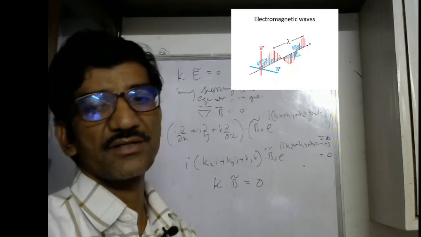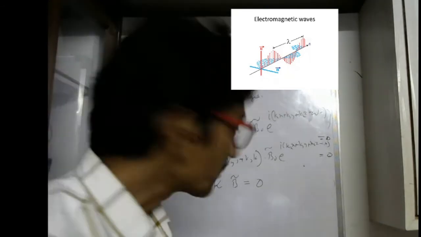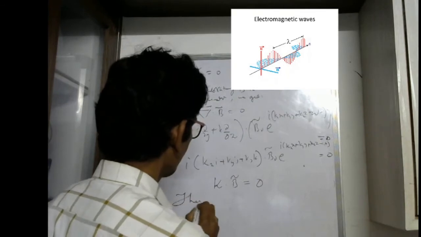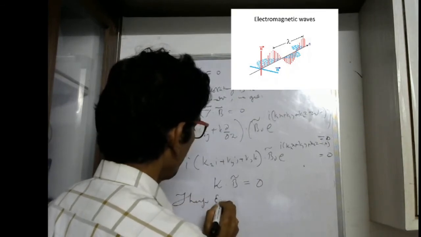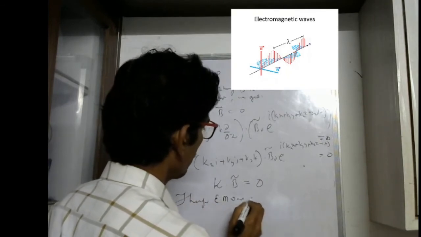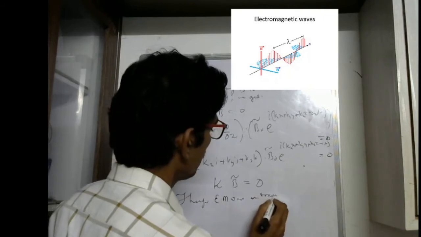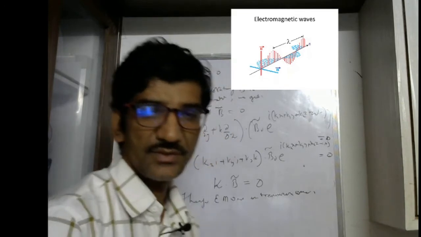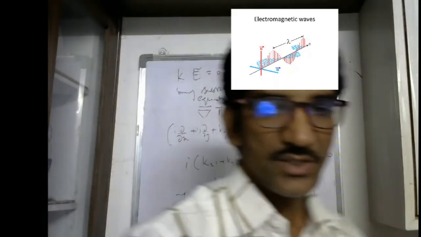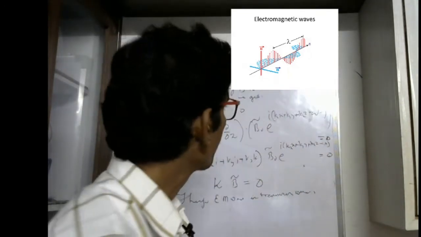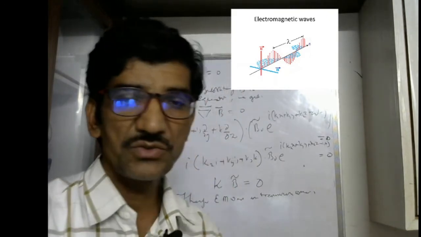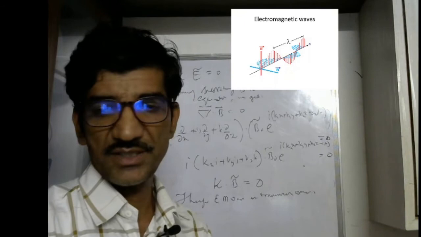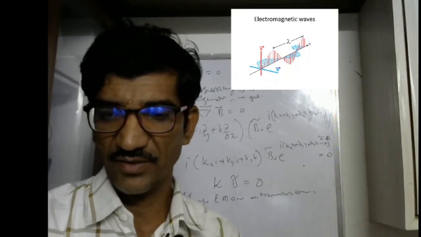So electromagnetic waves are transverse waves. Therefore, EM waves, that means electromagnetic waves, are transverse waves. We can prove this by taking the other two Maxwell's equations as well.